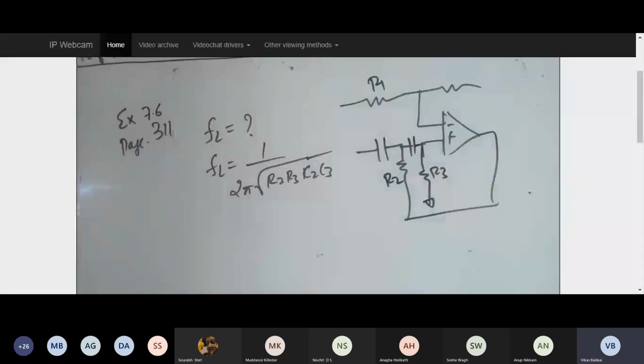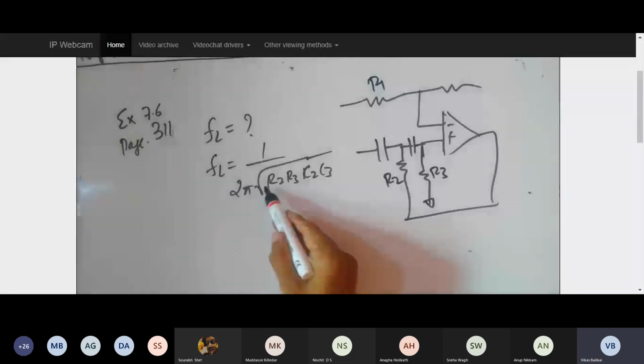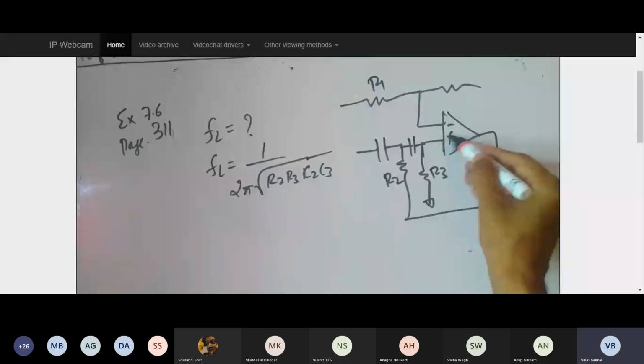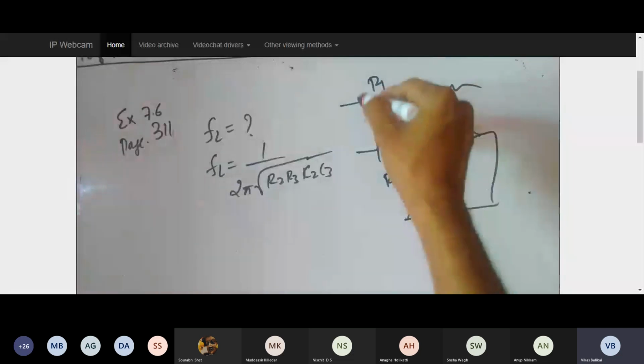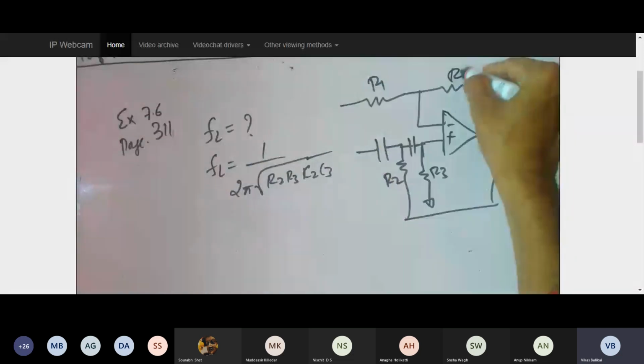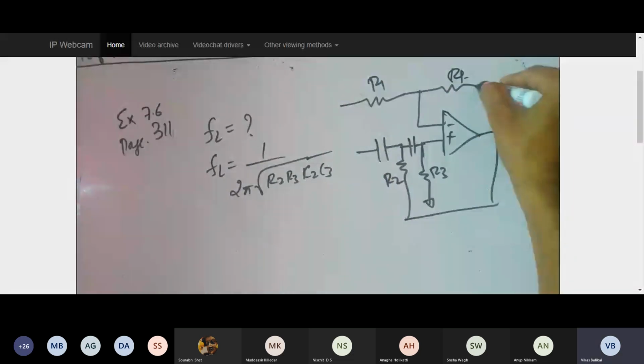In your formula, you should mention R2 and R3, the resistances coming exactly at the input side, not this R1. R1 is coming at the inverting terminal, connected to the feedback. So it is R2, R3, C2, C3.